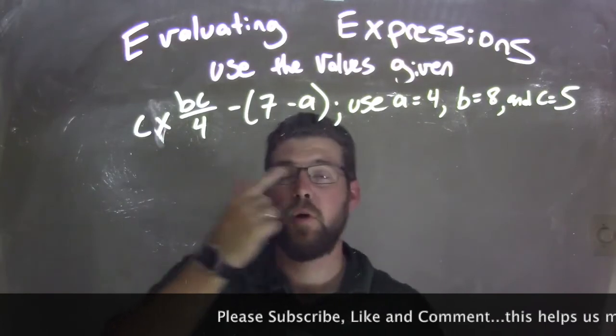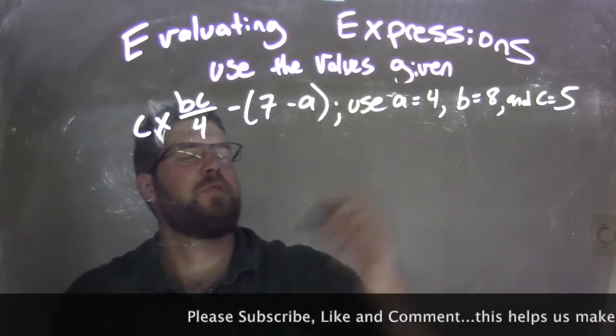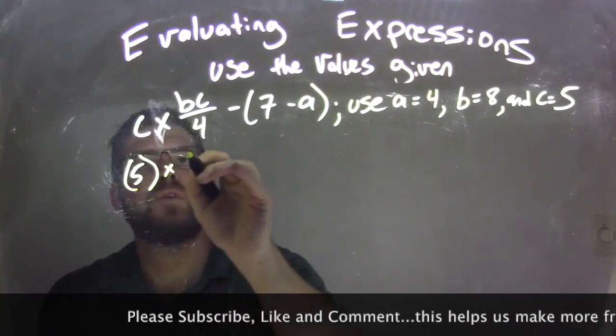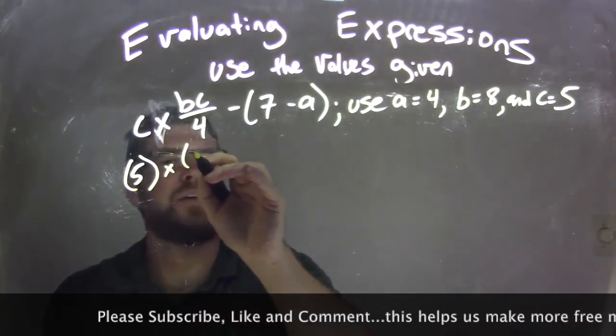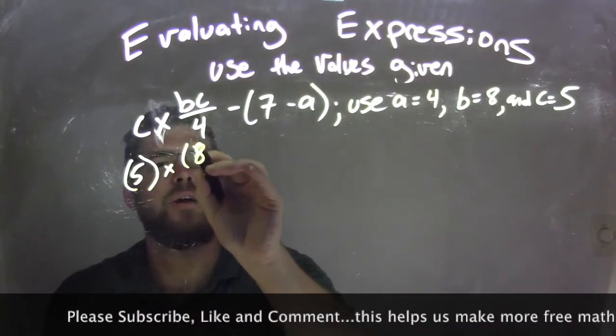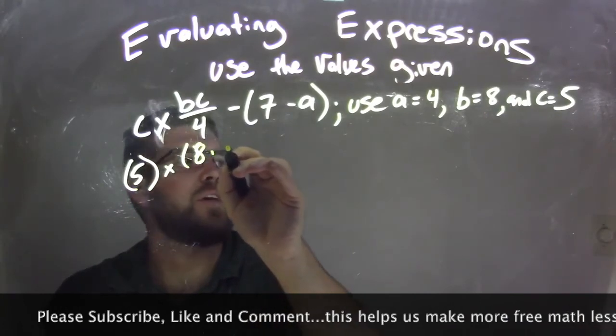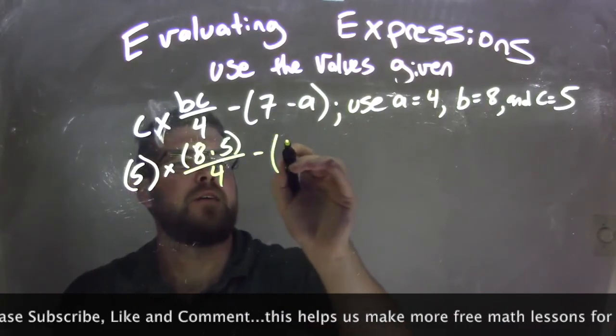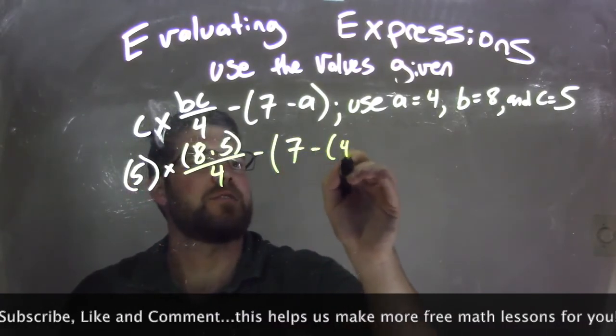Okay? So our first step is always, let's substitute our values in. C is 5, that is first, times B times C, B is 8, and here, I'm going to do it like this, 8 times C, which is 5, over 4, minus 7 minus A, which is 4.